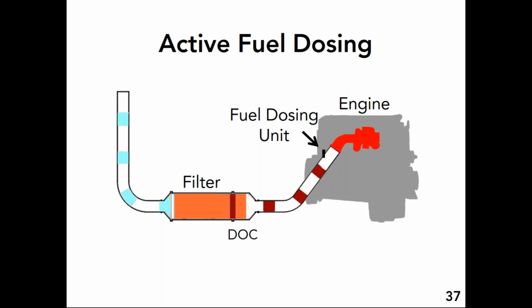And diesel oxidation catalyst, we keep mentioning that phrase, it doesn't care where the hydrocarbon comes from. If it comes in contact with hydrocarbon, it's going to try and oxidize that hydrocarbon, which means it's going to produce heat. So raw fuel is raw hydrocarbon. You dose the exhaust with that, it goes over the diesel oxidation catalyst, creates the heat, which then burns off the soot. So this is one that you'll see in a lot of OEM systems.